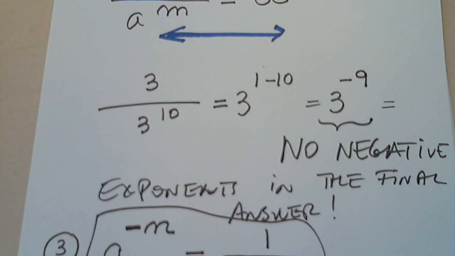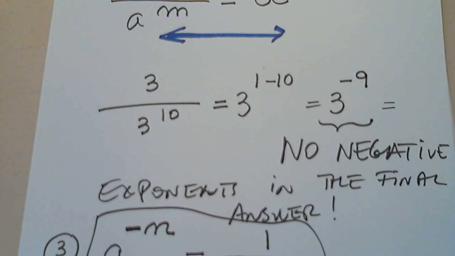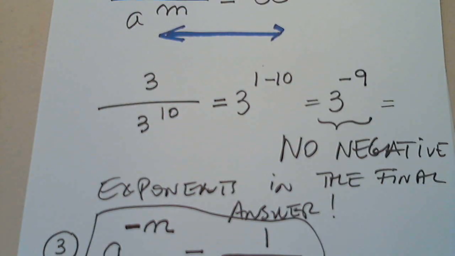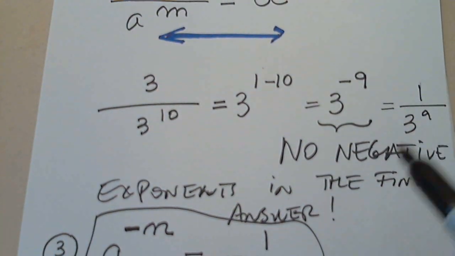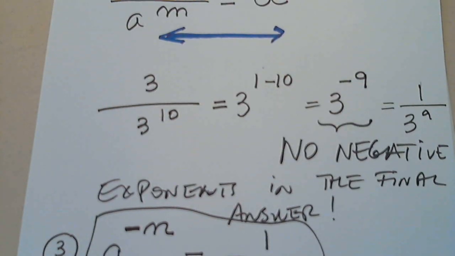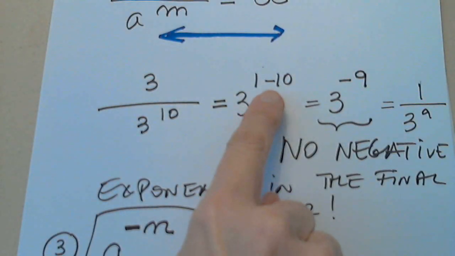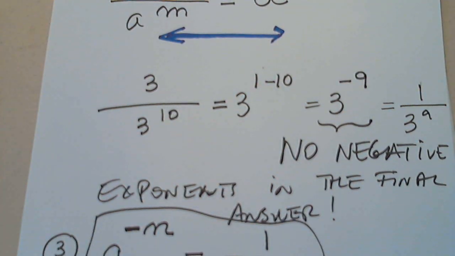Can anyone help with the final answer of 3 raised to negative 9 based on this rule? Isn't it 1 over 3 raised to the... Absolutely. That's all it is. 1 over 3 to the 9th power. Absolutely, that's it.